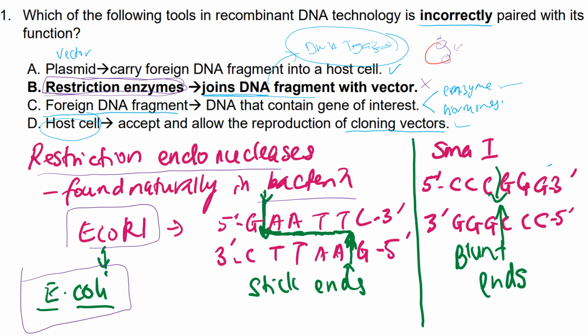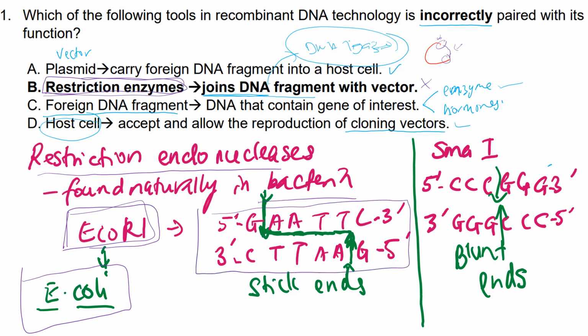They cut at the restriction site of the DNA. Every restriction enzyme has its own specific restriction site. For example, for EcoRI, the restriction site reads GAATTC.